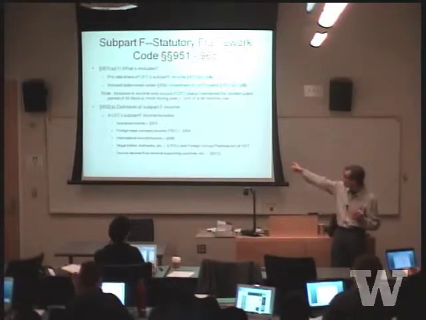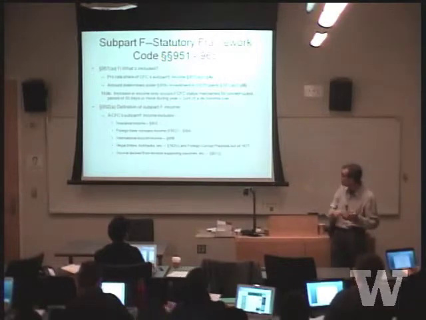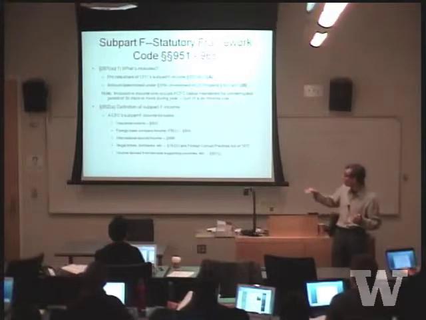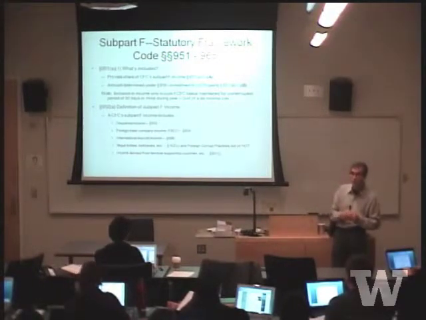Those are all within that second item, foreign-based company income. The other items are additional items that are included in Subpart F.